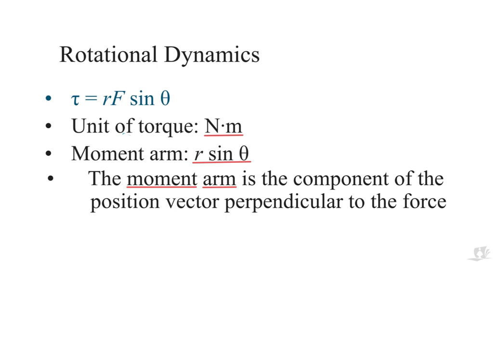So if you think about it, it's like the arm coming off from the pivot point to the force being applied on that seesaw. We're sitting on the seesaw. That moment arm is that little arm that connects you from where you are and applying that force to that pivot point. And so you have your standard Newton meters of units of torque, and you have that moment arm, which is calculated by that R times the sine of theta.